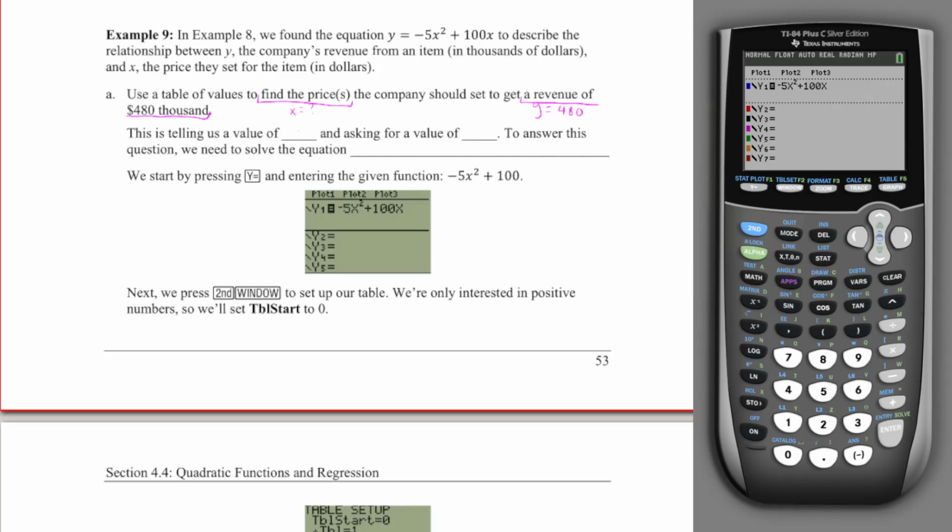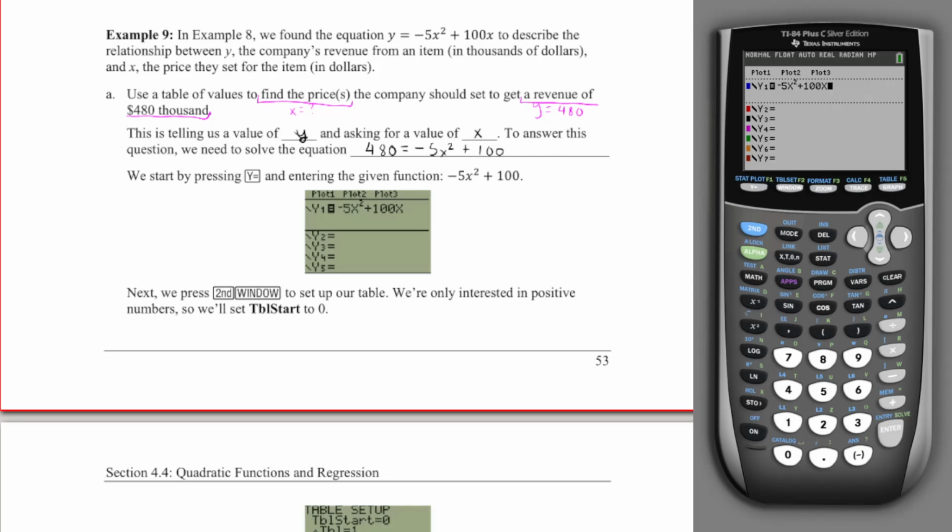This is telling us the value of y, and asking for a value of x. To answer this, we need to solve the equation. Plug in 480 for y. That equals negative 5x squared plus 100x. So we're looking for the input that gives an output of 480.